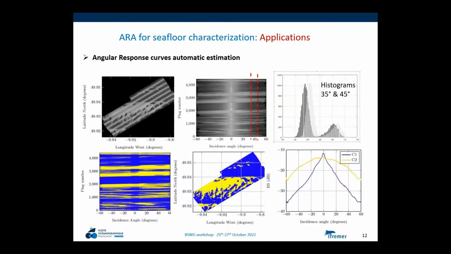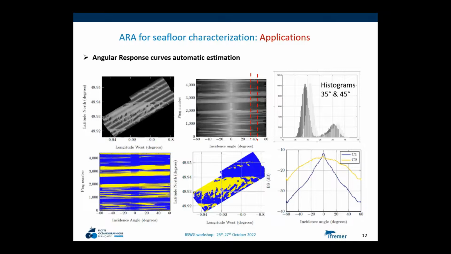And then when we find the number of clusters, we segment or cluster our data in this geometry, looking at each angle independently, and then we extract the two curves for each array.